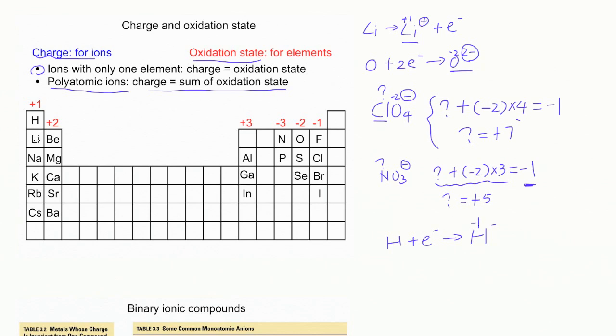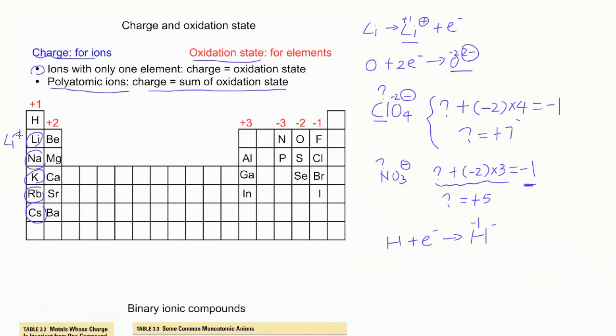But for lithium, sodium, potassium, rubidium, and cesium, these are always positive 1 charged, which means that is the oxidation state for those 5 ions. Let me write it here.